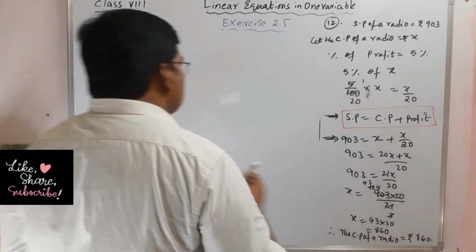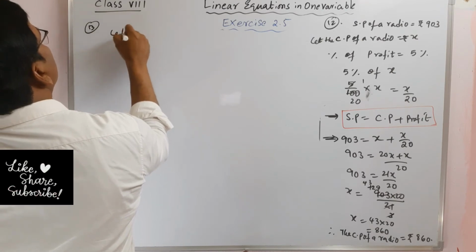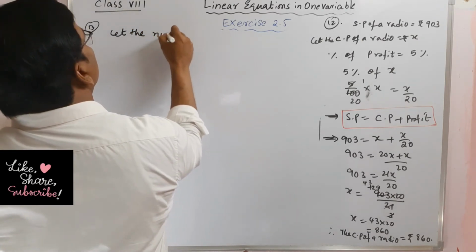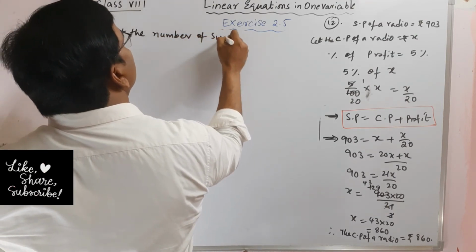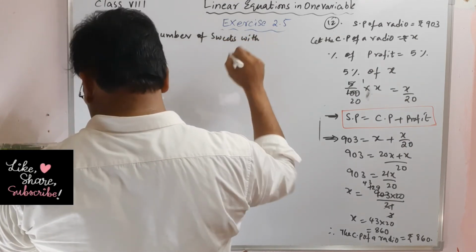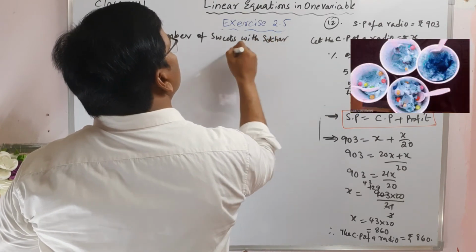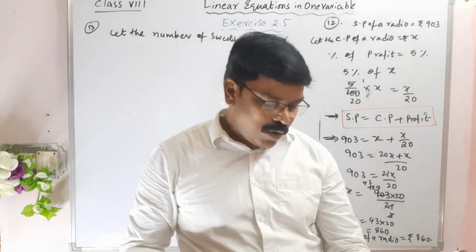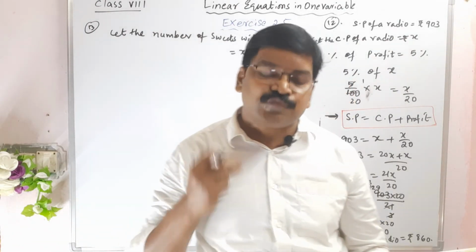See, my dear students, here in this 13th question, let the number of sweets with Shaker be equal to X. Before he distributed to Renu and Razi, he has X number of sweets.